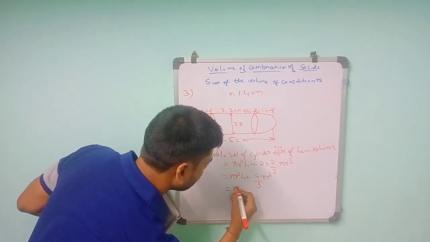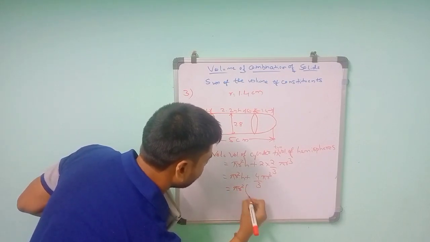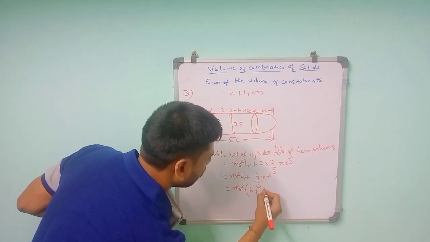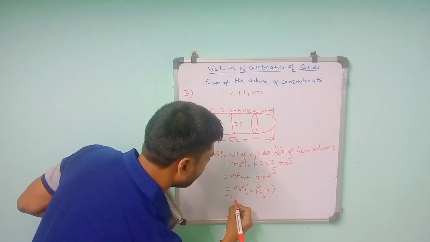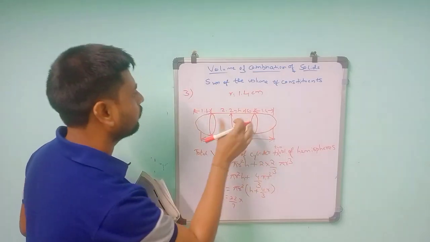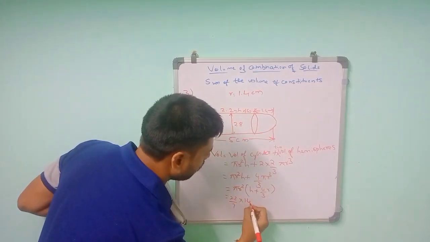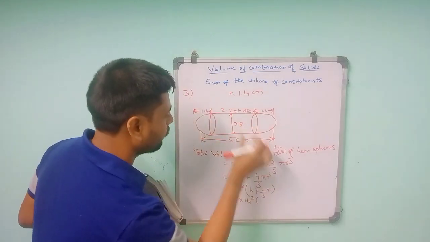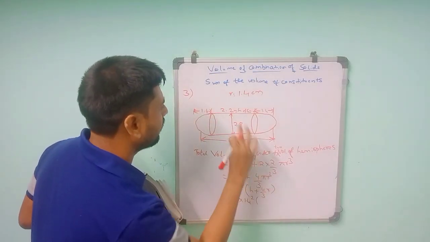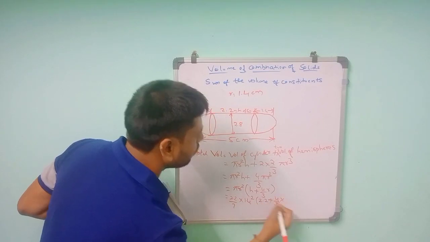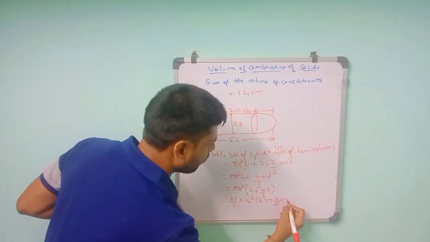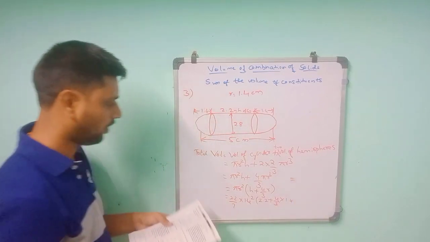So pi r square is common, so you will get h plus 4 by 3 r. So this will give 22 by 7, r is 1.4 square, h is the height of the cylinder, that is 2.2, plus 4 by 3 into r, where r is 1.4. So this will give you the answer.